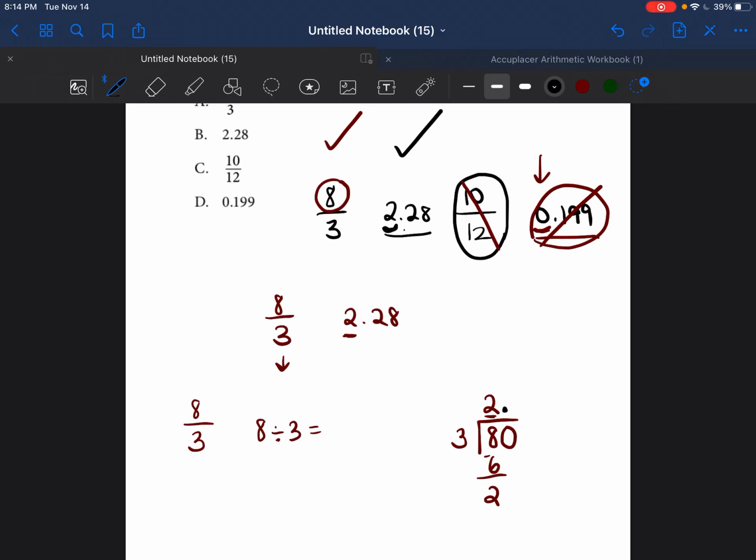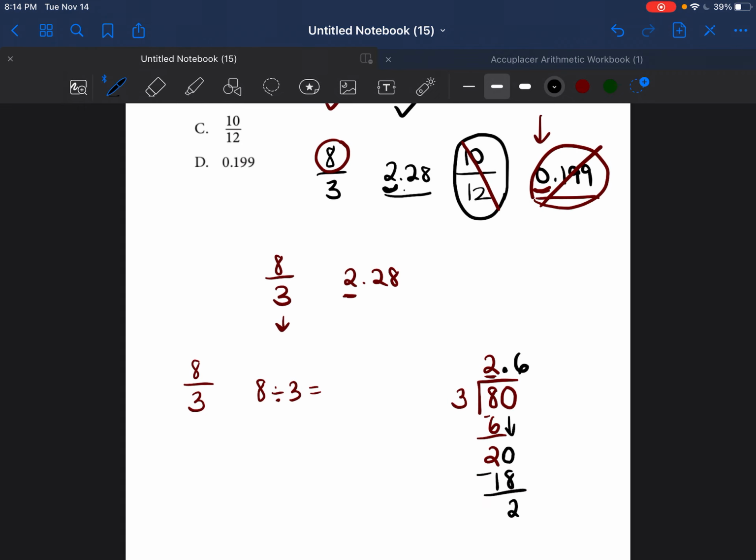So now we can go 3 into 20. How many times does 3 go into 20? 3, 6, 9, 12, 15, 18. So it goes in 6 times. 18, subtract, and you get 2. Bring down a 0, and it keeps repeating. So we have 2.66666. It's just going to keep repeating.